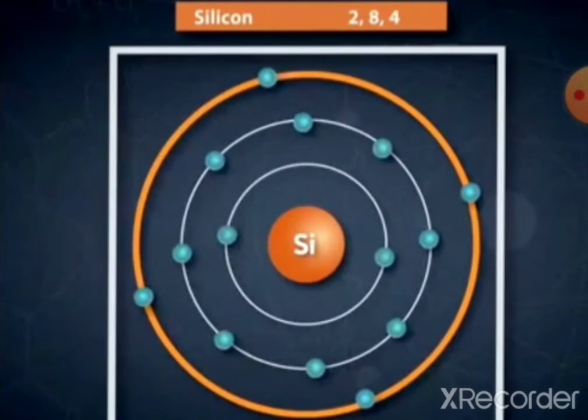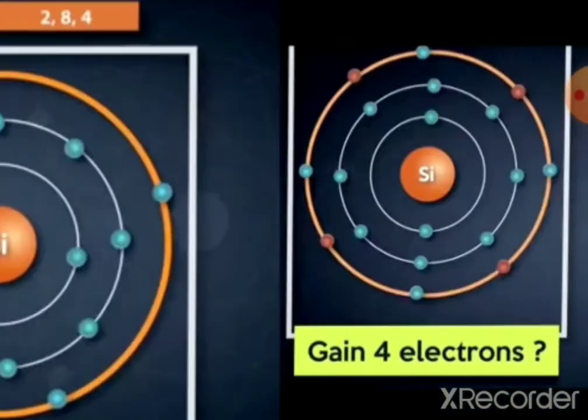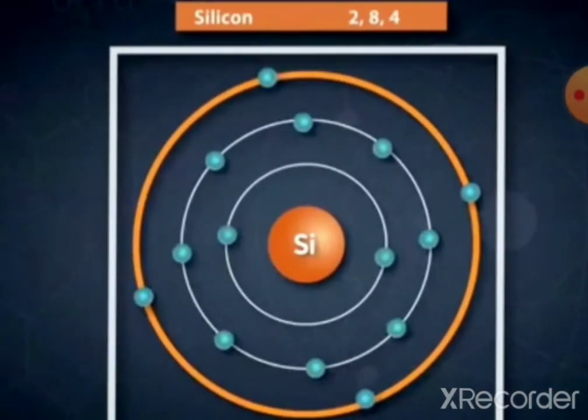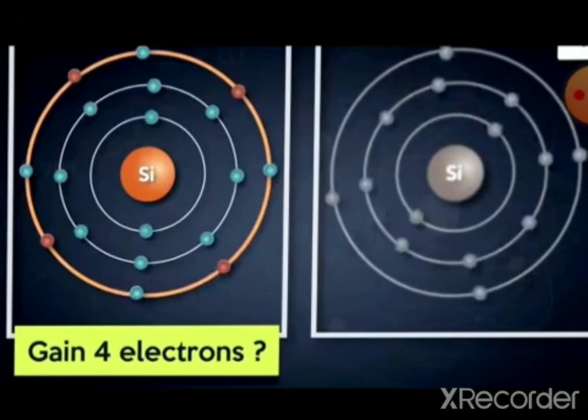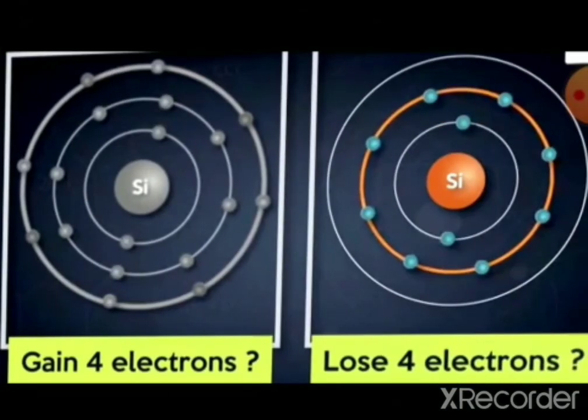Let us take another example, silicon. The electron configuration is 2, 8, 4. Here, is it easier to gain 4 electrons or easier to lose 4 electrons?